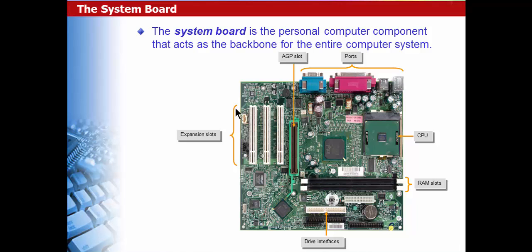We also have expansion slots to insert cards like graphics cards, for some external functionality. Once again, the system board is also considered the motherboard, where all the main components of the system hang onto this board.